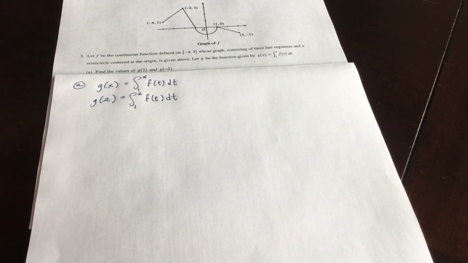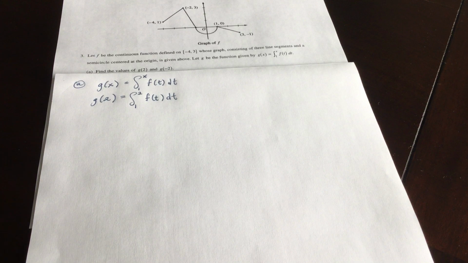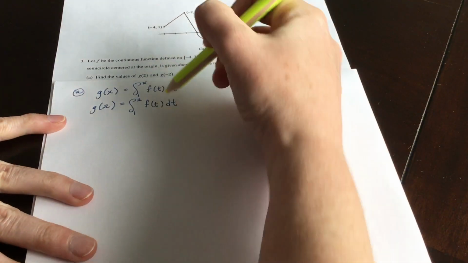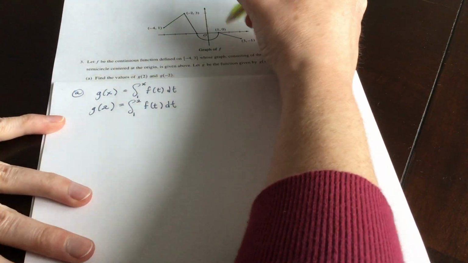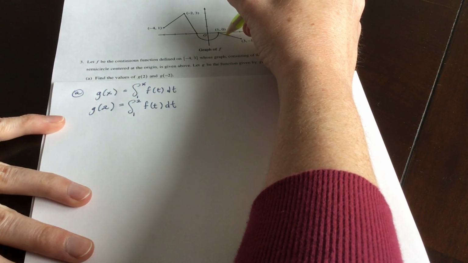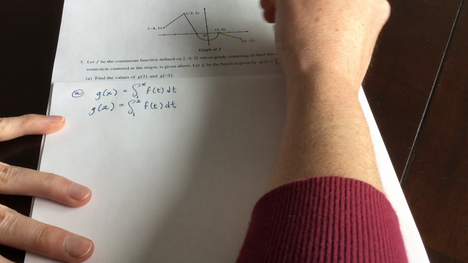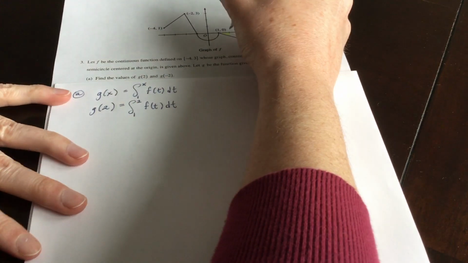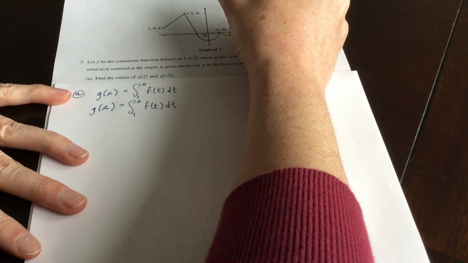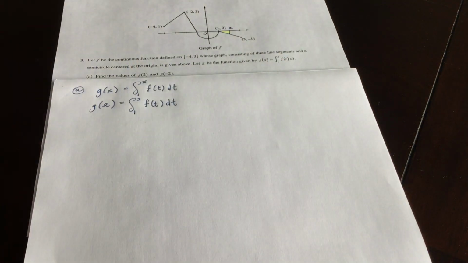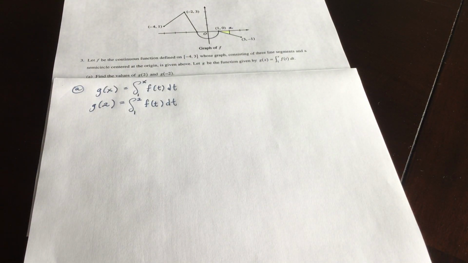Now for what that would mean: if you look at the picture, since this is the graph of f, we would be using the relationship between integrals and area. So really we're just finding the area of the region that's bounded between the x-axis and the graph of f. Since it's underneath the x-axis, we'll get a negative value.